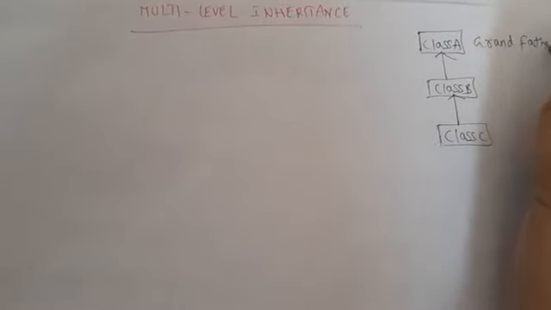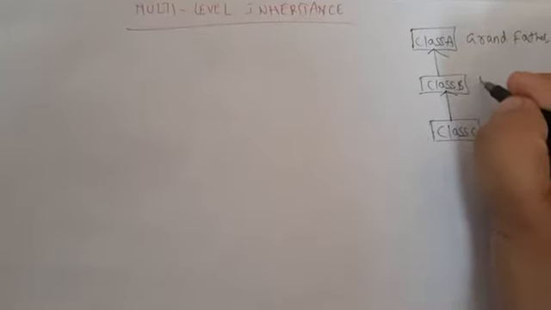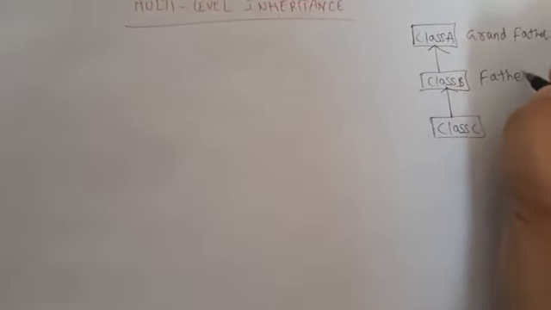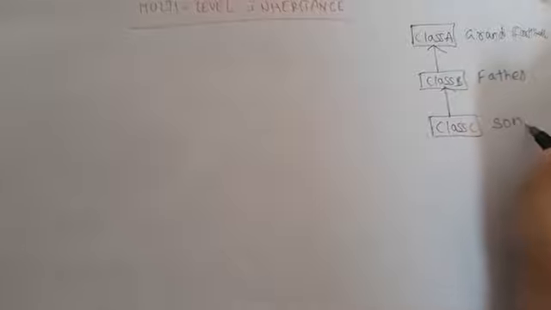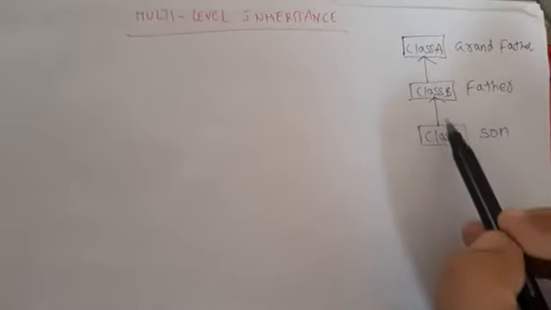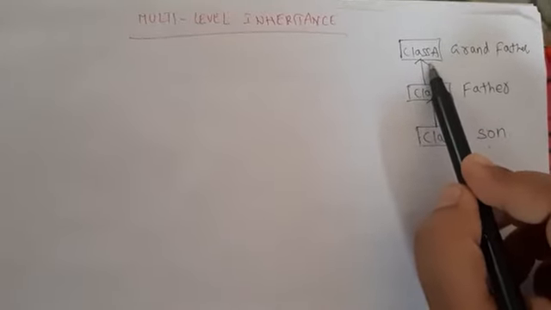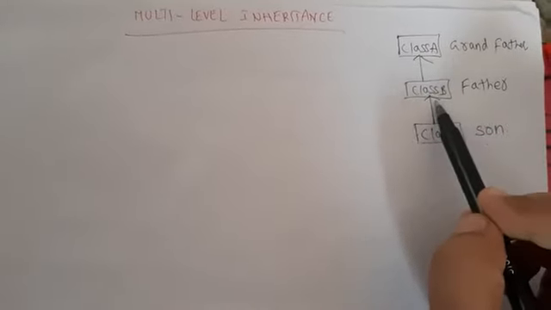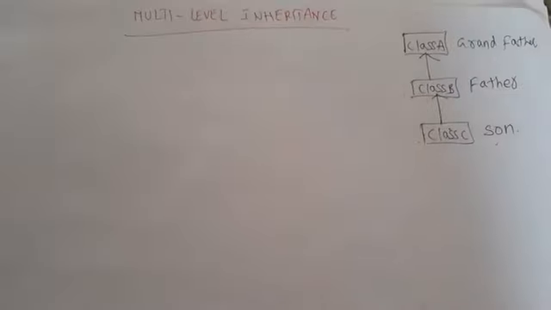The properties which the grandfather has got will be given to your father, and from the father they will be inherited by your son. Grandfather to father, father to son. So in multi-level inheritance there will be only one base class from which one is derived, and again it will be derived like this.